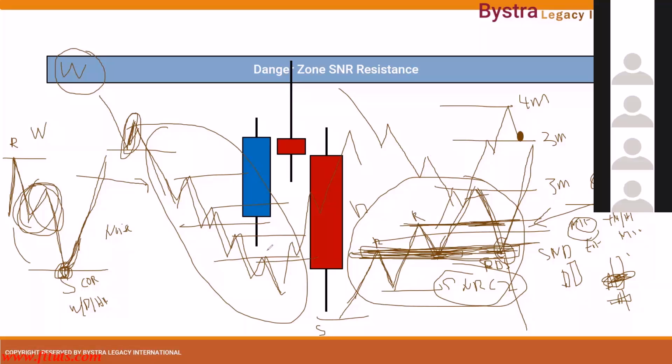But if the weekly time frame is a danger zone support, and at the same time the daily time frame is also in this zone, then we can use the daily time frame as our danger zone SNR, so that our zone from this big area, probably 80 pips, moving to the daily time frame could be 30 pips. So from 80 pips, we cut down our danger zone SNR to 30 pips.